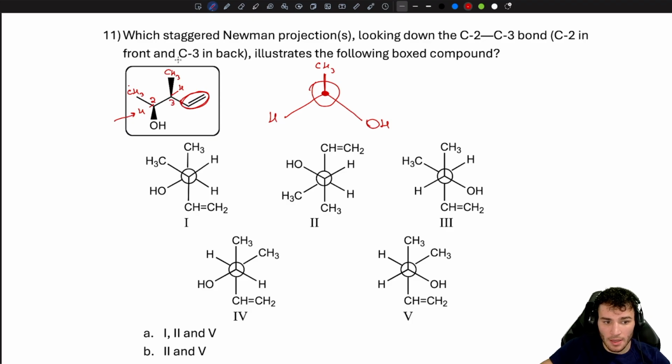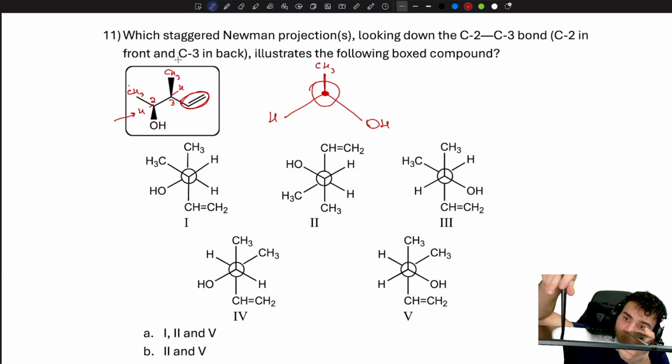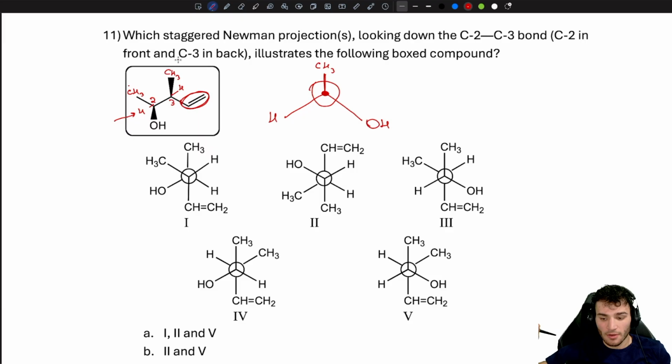Again, if you have this molecule flat on your paper, and you have this wedge looking up, if you were to look from the C2 to C3 side, you would have your methyl on your right side. Therefore, we draw this methyl on the right. Your hydrogen could end up on your left.